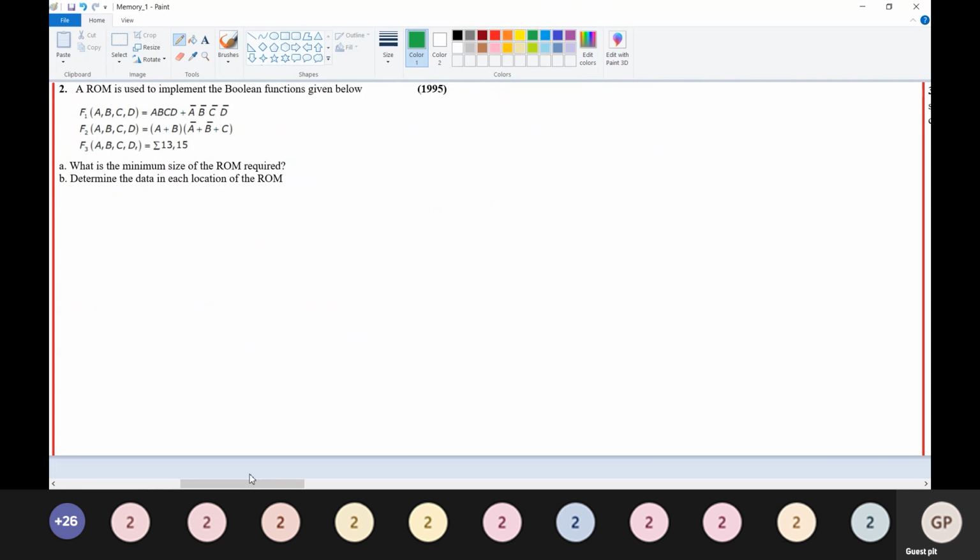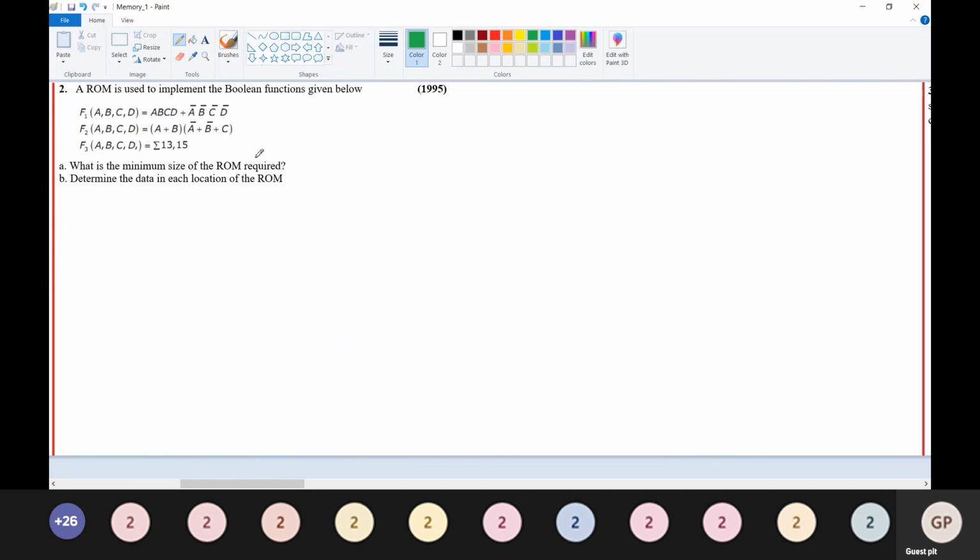In this question, a ROM is used to implement the Boolean functions given below. The function f1 of a b c d is equal to a b c d plus a dash b dash c dash d dash. F2 is equal to a plus b into a dash plus b dash plus c, and function f3 is equal to summation of 13 and 14.